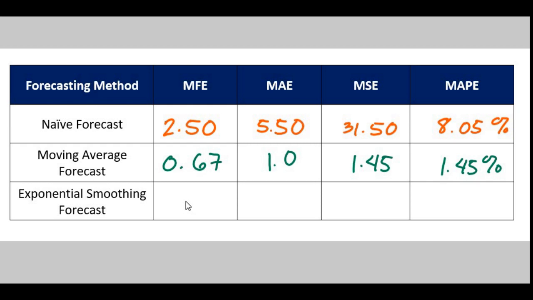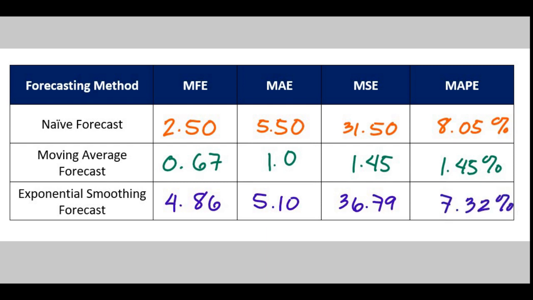For the exponential smoothing, we got 4.86, 5.10, 36.79, and 7.32%.